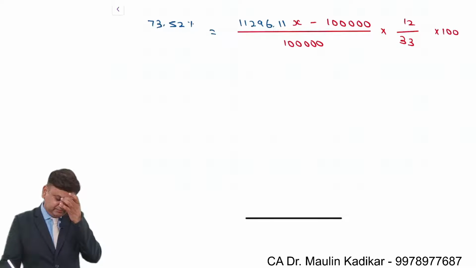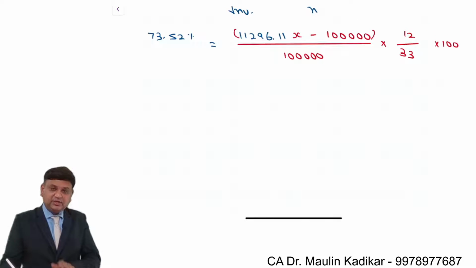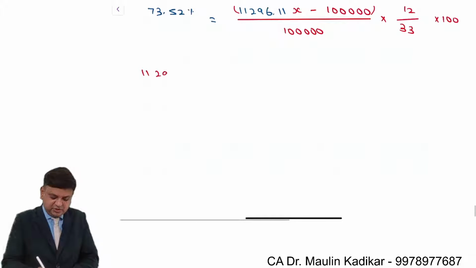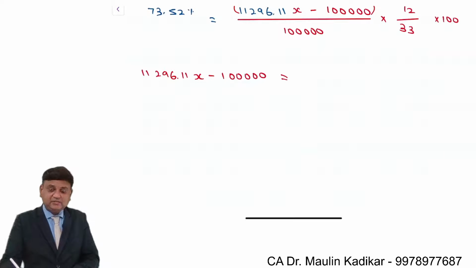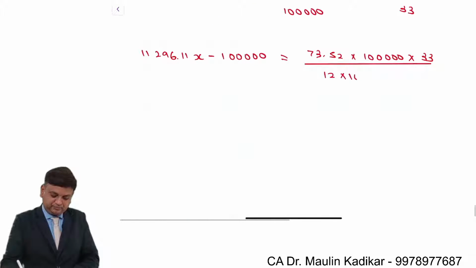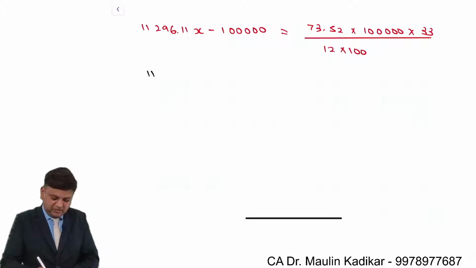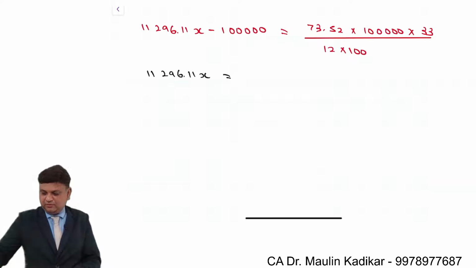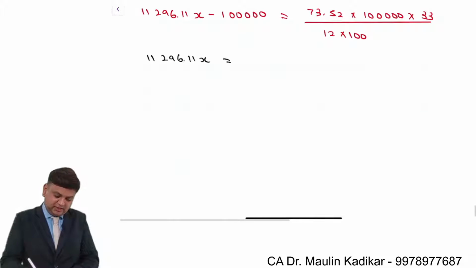So now we understand that, keeping this over here, the remaining things are transferred to the opposite side. 11,296.11x minus 1 lakh is equal to 73.52 into 1 lakh into 33 upon 12 into 100. 11,296.11x is equal to, using a calculator, 73.52 into 1 lakh into 33 upon 1200, 2 lakh 2,180, plus 1 lakh.